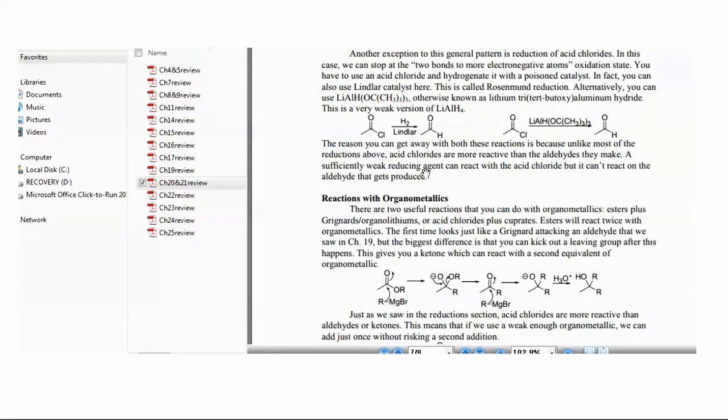Alright, so if we use Lindlar's catalyst, we can go from the acid chloride to the aldehyde. And also if we use lithium tri-tert-butoxy aluminum hydride. I'll draw out the structure for you so you can see how it looks. So if we use any of these reagents, we can get to the aldehyde.